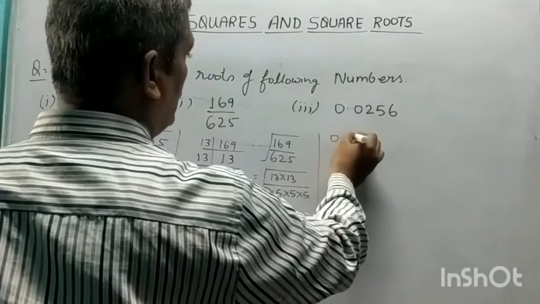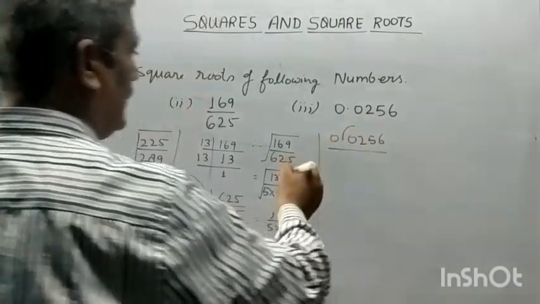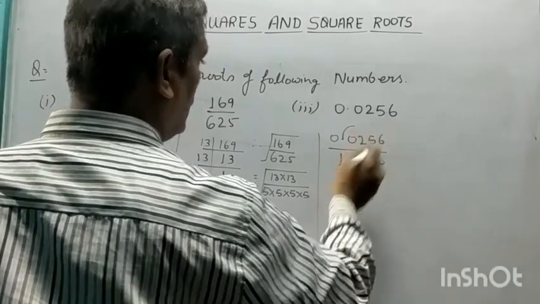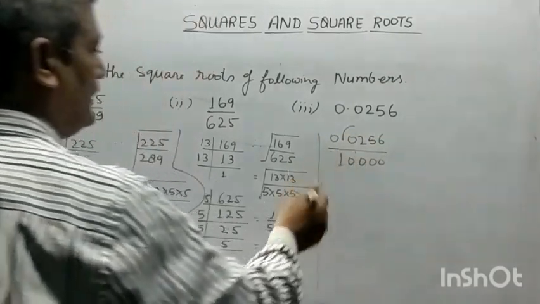First we change it into a rational number. After the decimal there are 4 digits, so we write 4 zeros under 1.